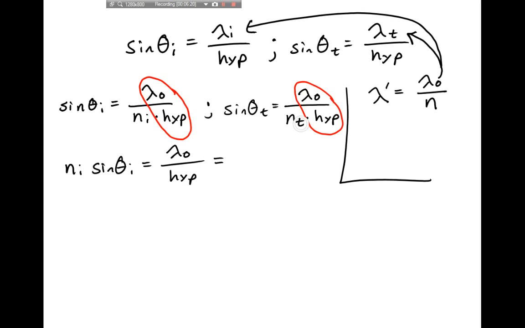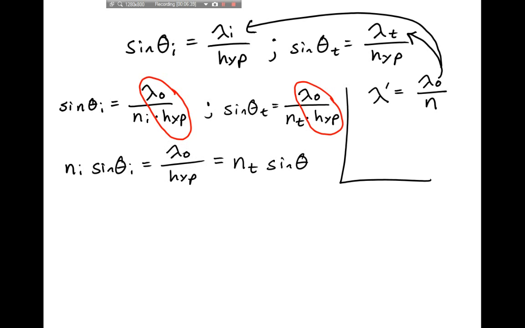But I can do the same thing over here, so I can multiply the index of refraction over to this side of the equal sign, and I'm going to have that the index of refraction of the transmitted material times sine of the angle of transmittance is going to be equal to, again, the same thing, lambda naught divided by the hypotenuse.